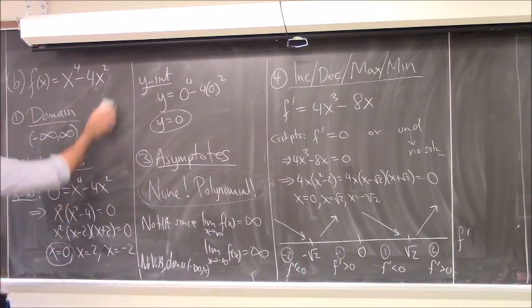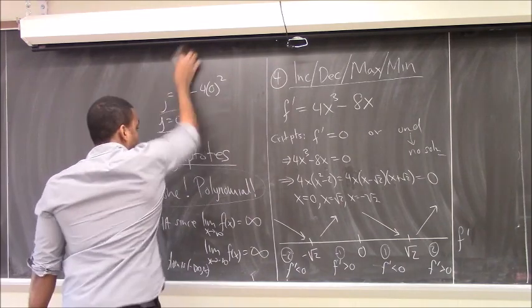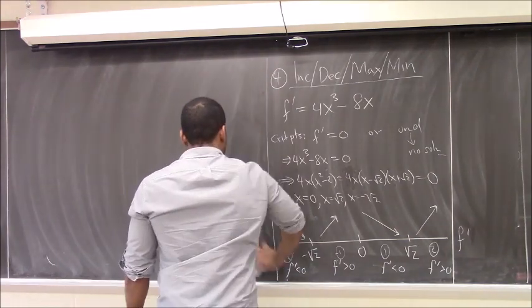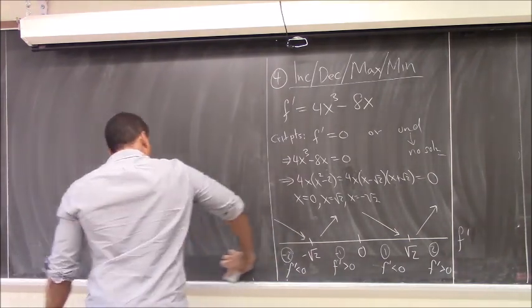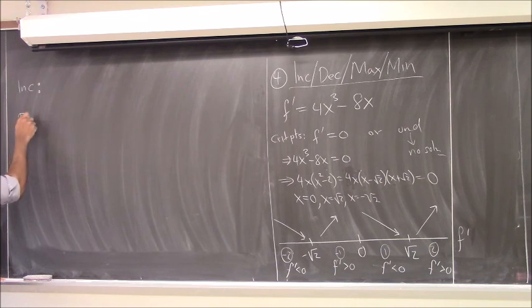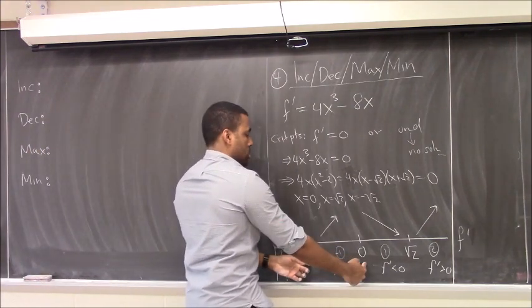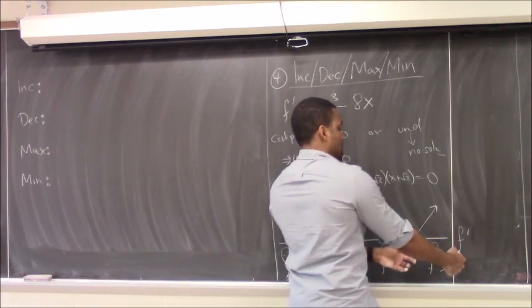Now let's summarize it. So in step 4, what we get: where are we increasing? Where are we decreasing? Where do we have maximums? Where do we have minimums? Tell me the interval of increase. We're increasing here, and we're increasing here.